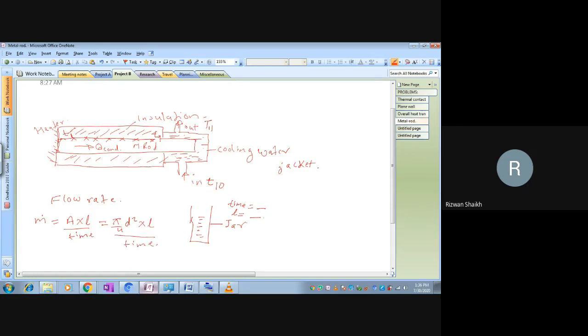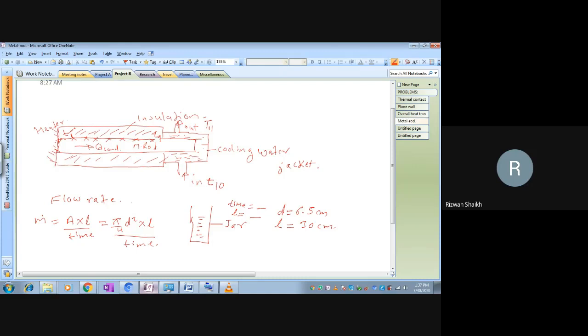Now what is the diameter of the jar given? In our case, the diameter of the jar is given to be 6.5 centimeter, and the length of the jar to which the water is filled is given to be 30 centimeter.